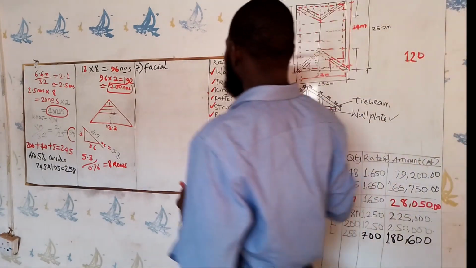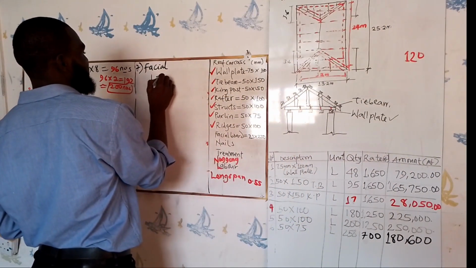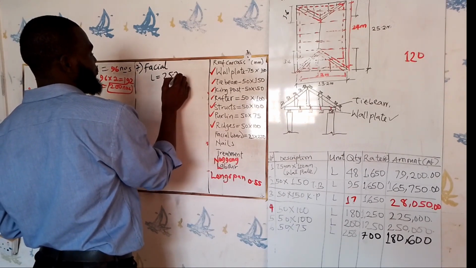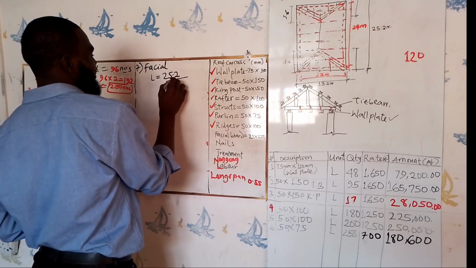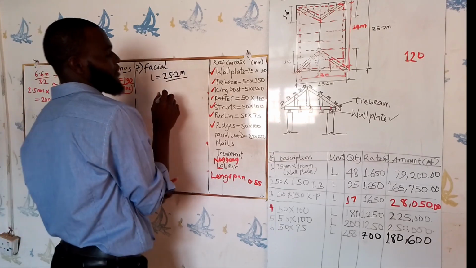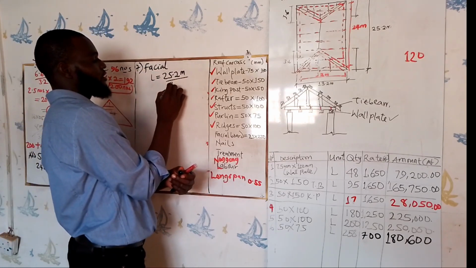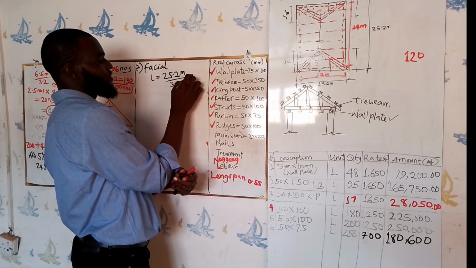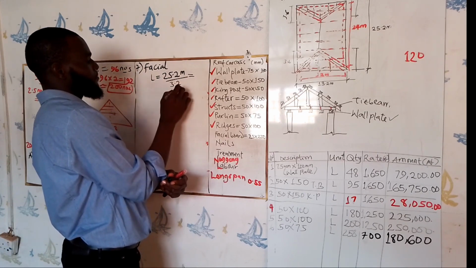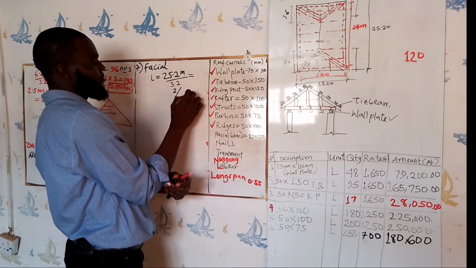The length is 25.2 divided by the length of the board, which is 3.2. What will this give us? 25.2 divided by 3.2.